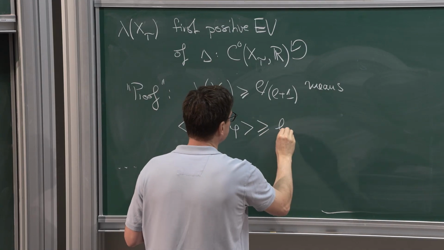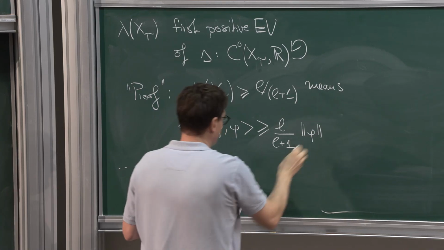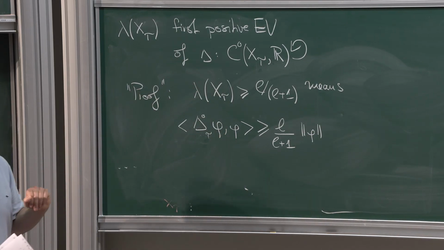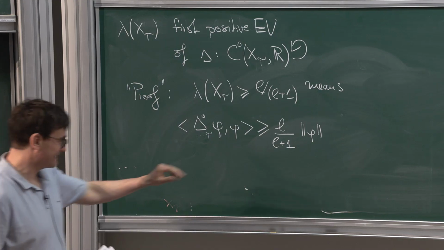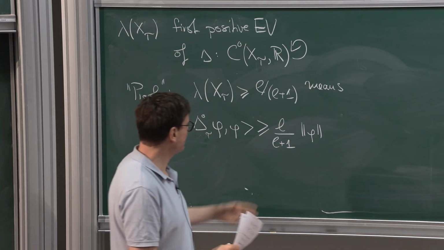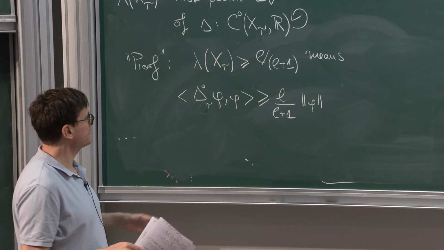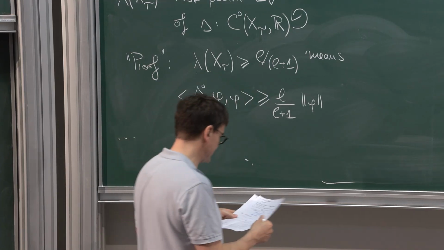Okay, so it doesn't mean that you have this for every phi, because again, there are phis in the kernel which are non-zero, namely the constant phis. But somehow for every phi that's orthogonal to the constants, you get this from this bound. So this is the meaning of this.